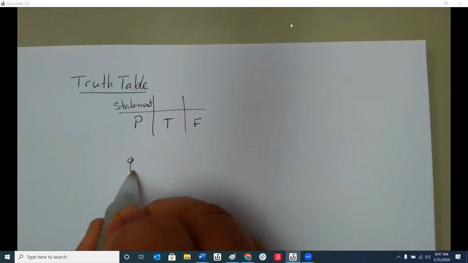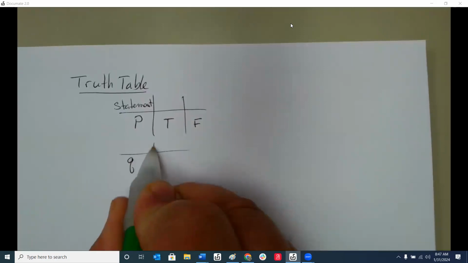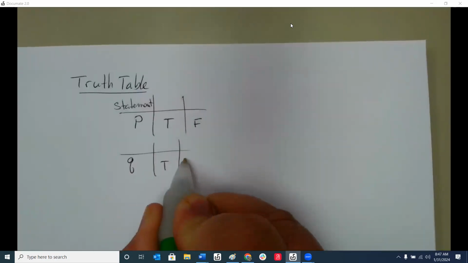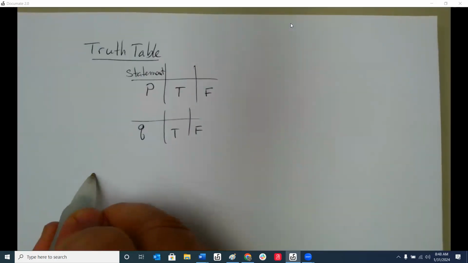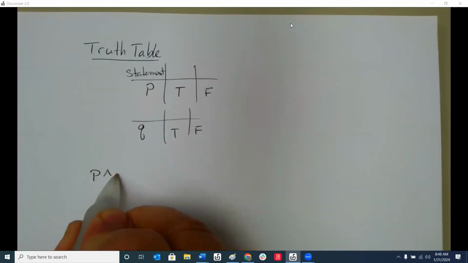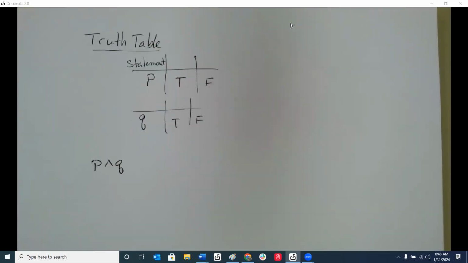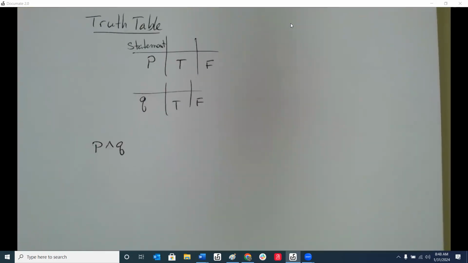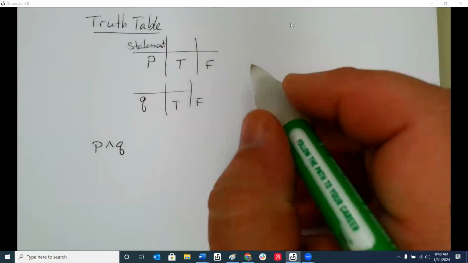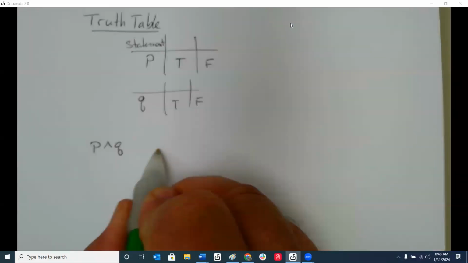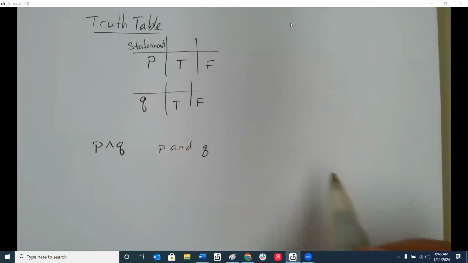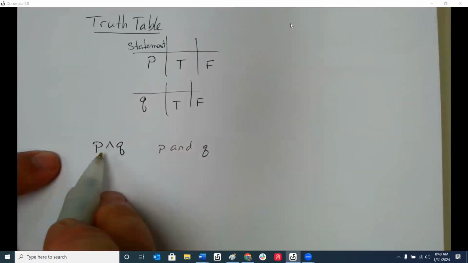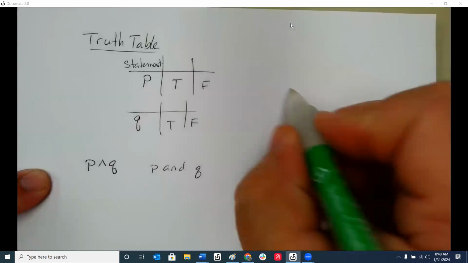Here's another statement, Q. It can be either true or false. What statement is that one? P and Q. Now, let's look at the true statement for this. Well, also let's look at the negation.